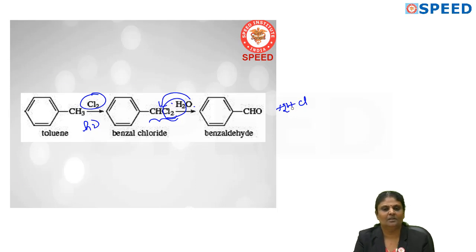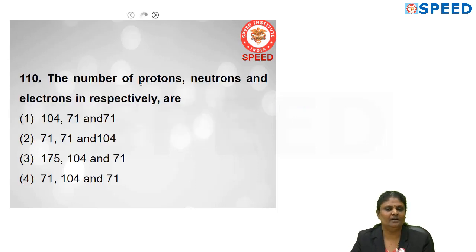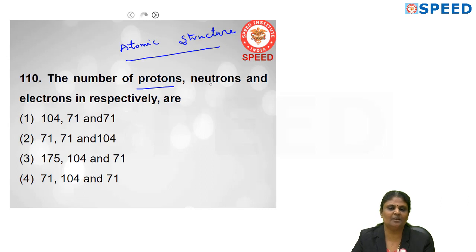And then 110. This is from the chapter atomic structure. This is also a very easy question, and all of this you studied in your 9th and 10th grade. The number of protons is nothing but the atomic number, then neutrons, the mass number, the number of protons and neutrons, and electrons, respectively are.